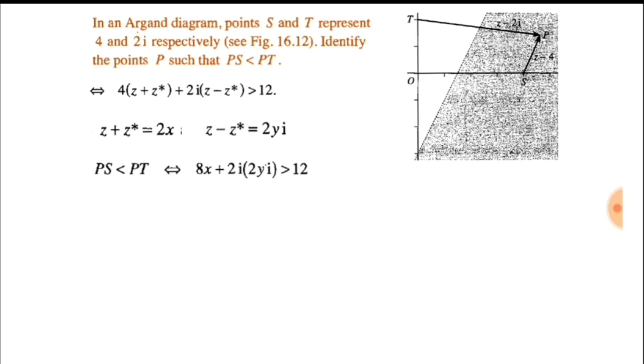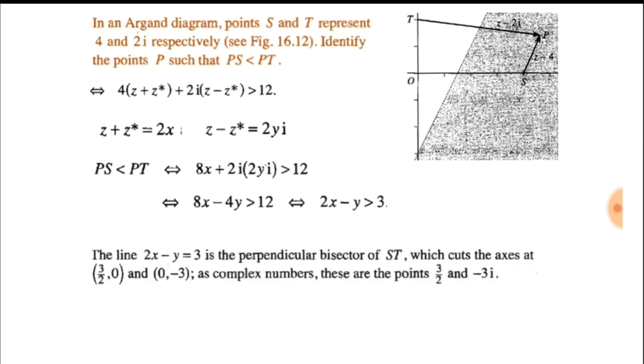Substituting those values, we get PS less than PT implies 8x plus 2i times 2yi greater than 12. Simplifying, we get 2x minus y greater than 3. The line 2x minus y equal to 3 is the perpendicular bisector of ST, which cuts the axes at 3 over 2 comma 0 and 0 comma minus 3 as complex numbers. These are the points 3 over 2 and minus 3i.